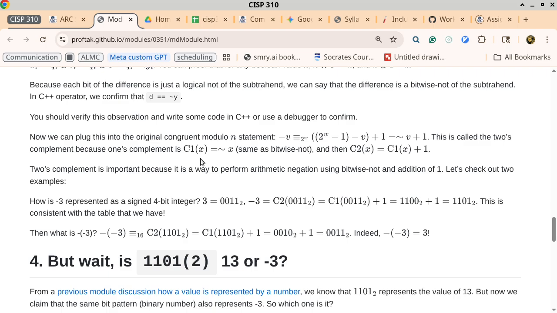In this case, the one's complement of 0100 is 1011. The one's complement is the inverse of itself, so the one's complement of 1011 is 0100, because you're flipping the zeros and ones. It is reversible, which is also a concept called bijection, and it's a concept that we talked about in CISP 440.